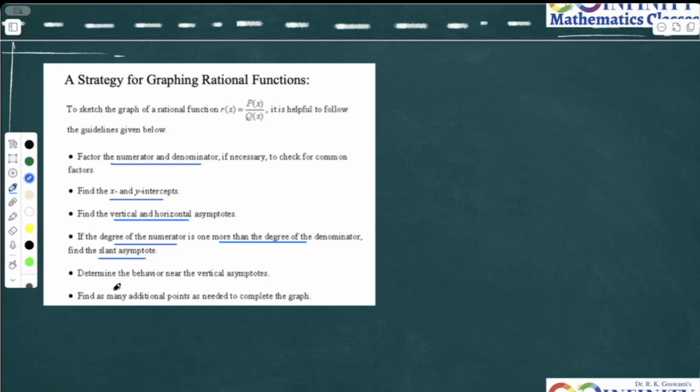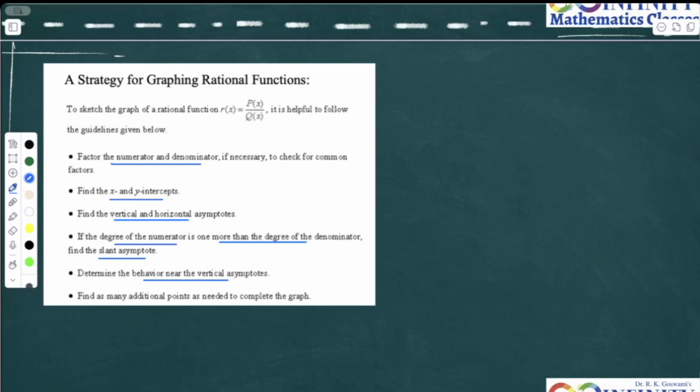Determine the behavior near the vertical asymptote. Find as many additional points as needed. So our whole structure will be around this. Let me start with a question, and please try to help me with that.